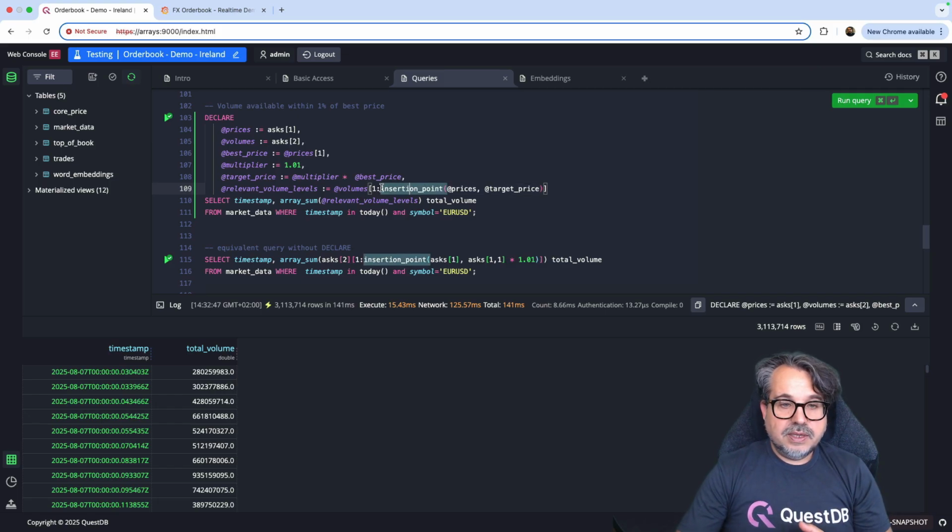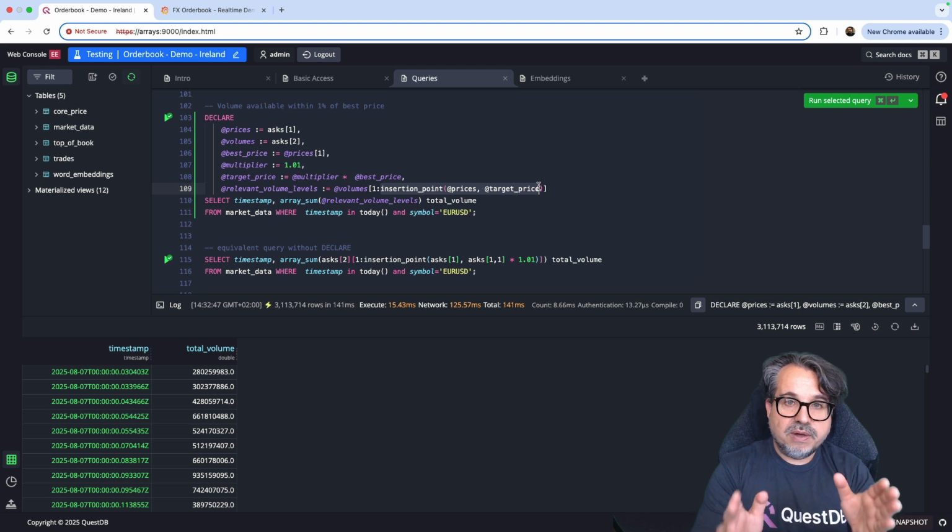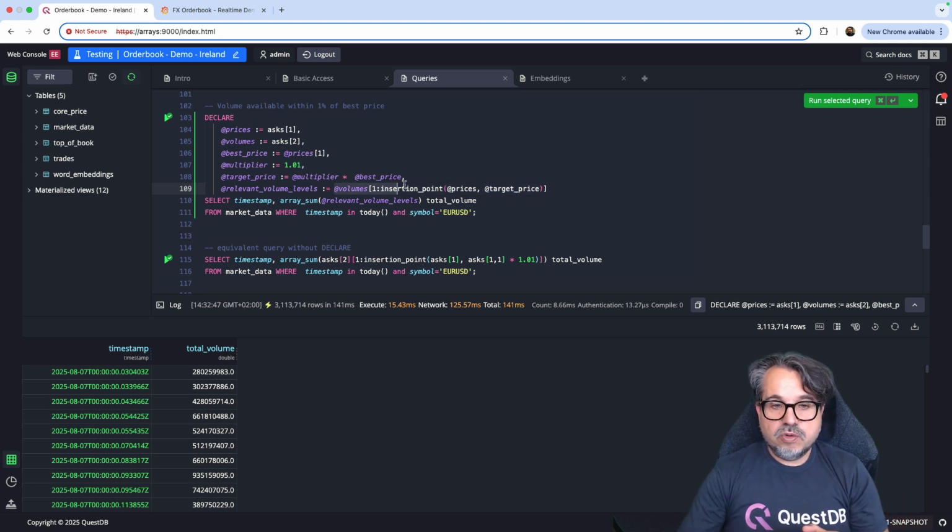Now that I'm going through the prices array, I'm going to slice the volumes array, starting in the first position and finishing at the position we found for the price. So basically it's going to find me all the volumes for which it is true that I can stay within 1% of the best price available.